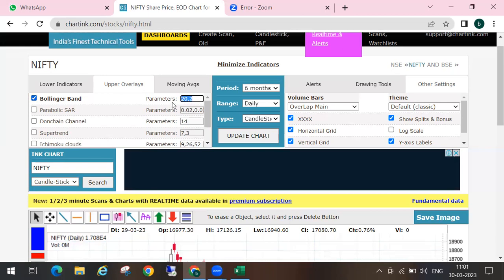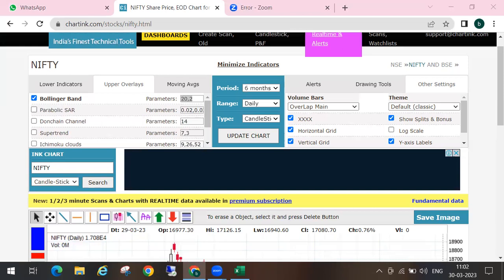It will be BOL, then within parentheses 20, 2, and then there is another parameter which may be there in a trading platform, which is E or S. E is exponential, S is simple. Let me write here, it looks like this: Bollinger S 20 2.